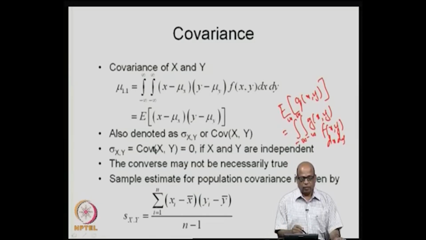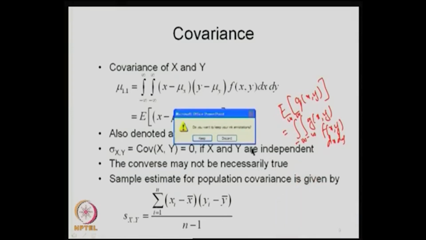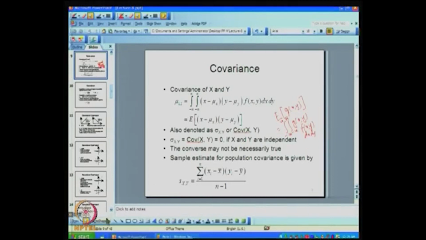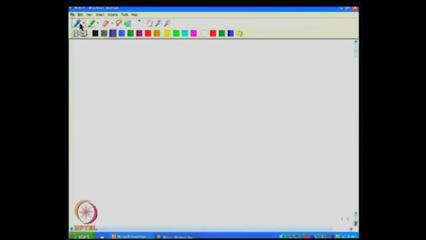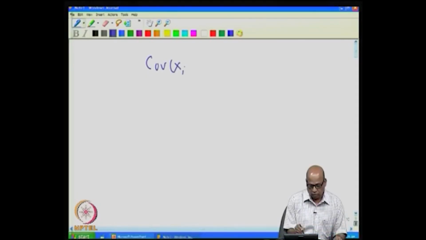Remember from your earlier single dimension random variables, we can show that sigma x y is equal to 0 if x and y are independent. How do we show that? We will come back to this problem. We are saying that the covariance of x comma y, or sigma x y, how did we define this?